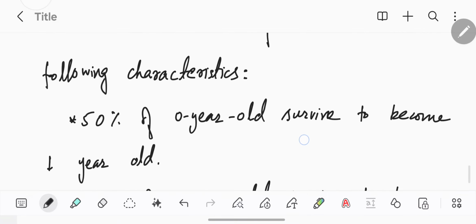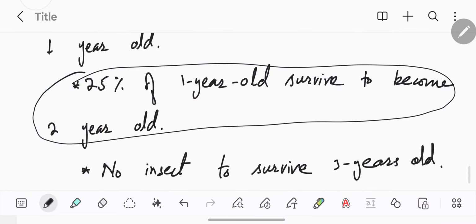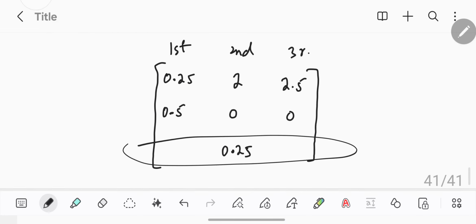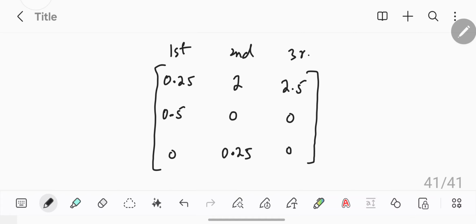Since there is no information for the first year and the last year in this statement, for the first year and the last year I will write 0, because they gave the information of the insects which survive till the second year. Okay, so this is called the Leslie matrix.